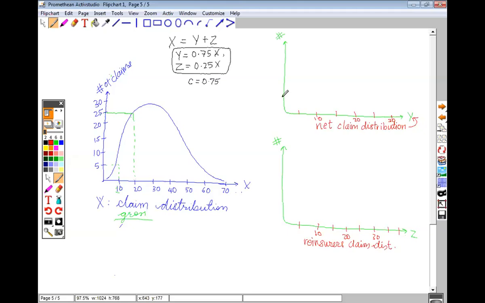Let me mark 5, 10, 15, 20, 25. Now I had that the claim amounting to 10,000 is incurred 5 times, right?